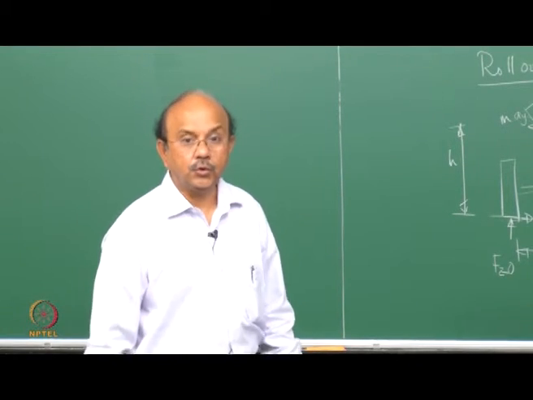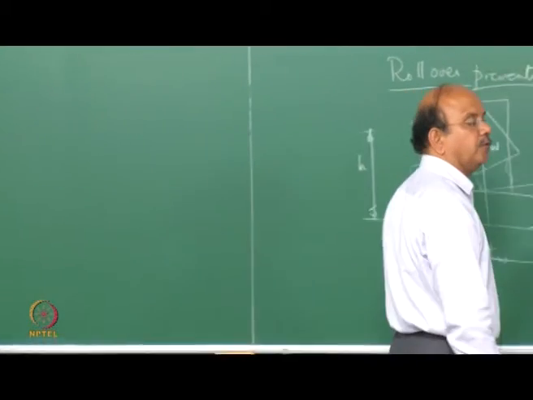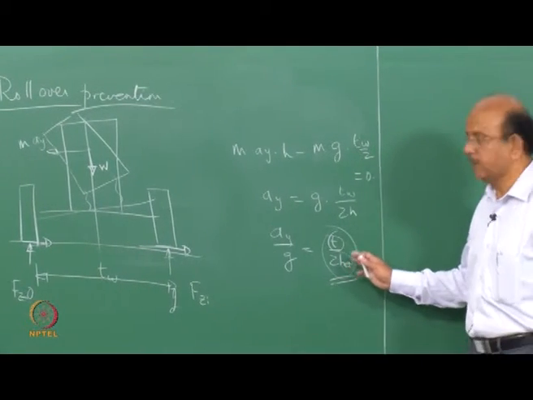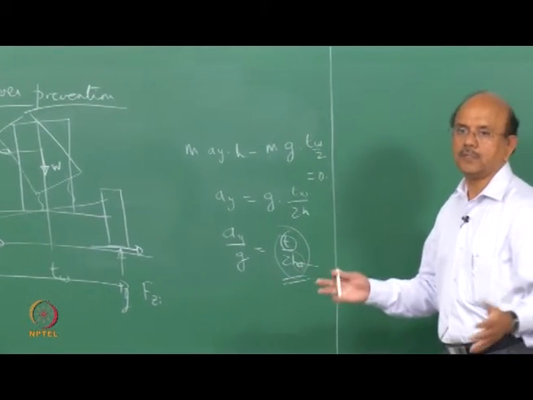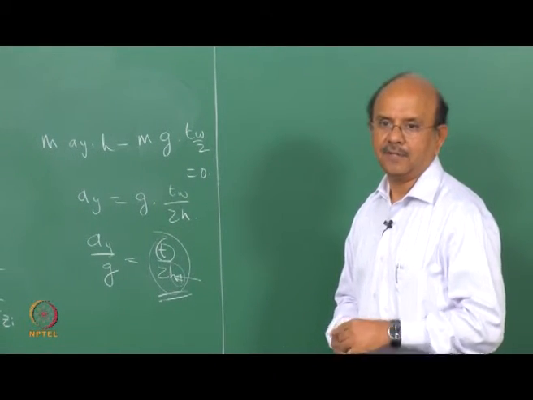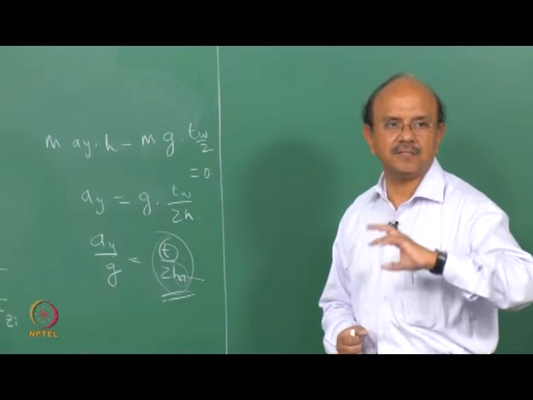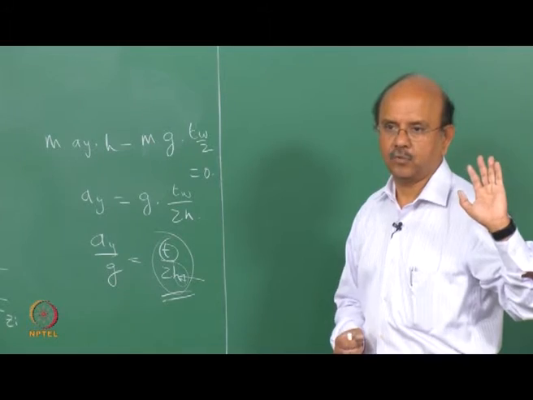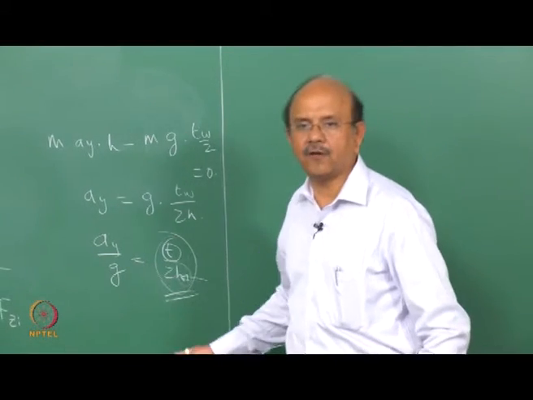Usually, if you design a vehicle, this factor T by 2h is equal to say 0.8. The actual factor is usually less by about 25%. A number of these things are going to have an effect.